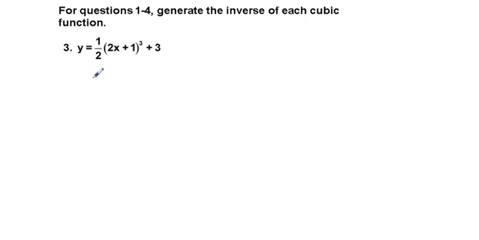So step 1, we're going to switch x and y. So I'm going to say x equals 1/2. Now I recommend for the viewer following along is just at the beginning of the problem, just stop the video, see if you can work out the problem, and then follow along to see if you got it right.